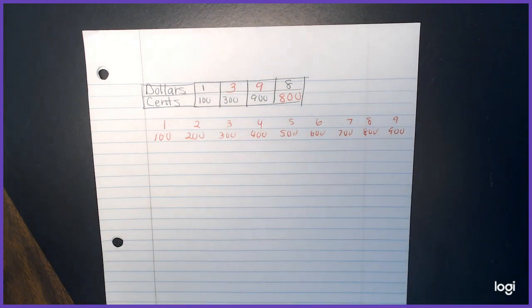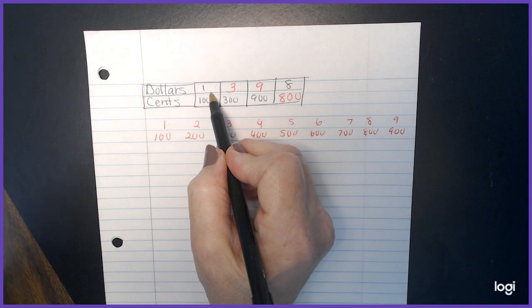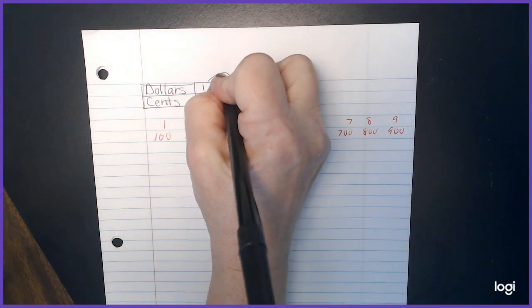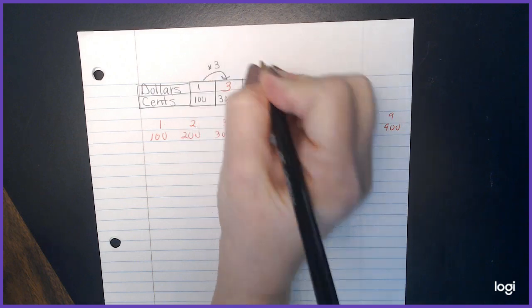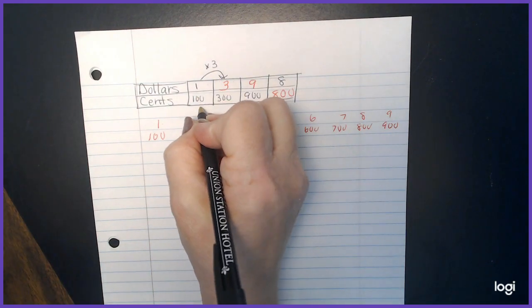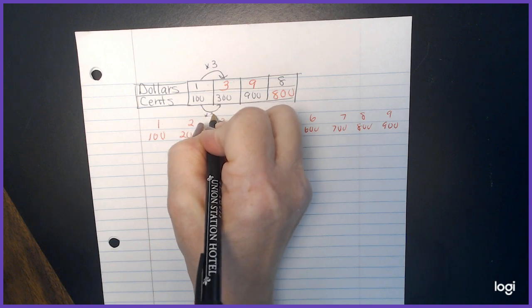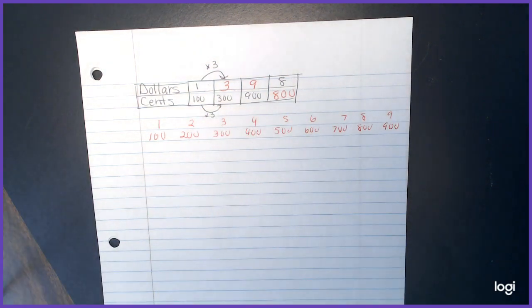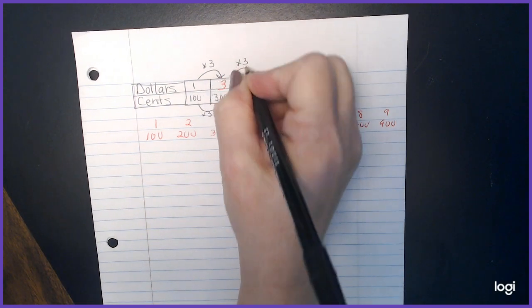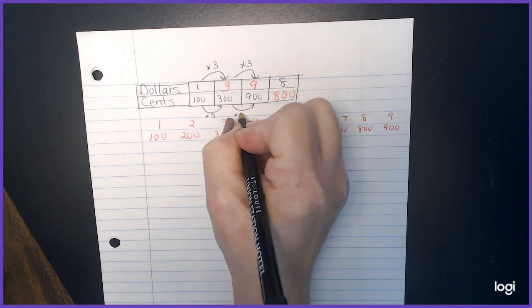So for example, if you noticed from here, we took 1 times 3 on the top. Well, whatever we did on the top, remember we have to do on the bottom. In order to go from 3 to 9, I multiplied by 3 again. All right, well, that worked.